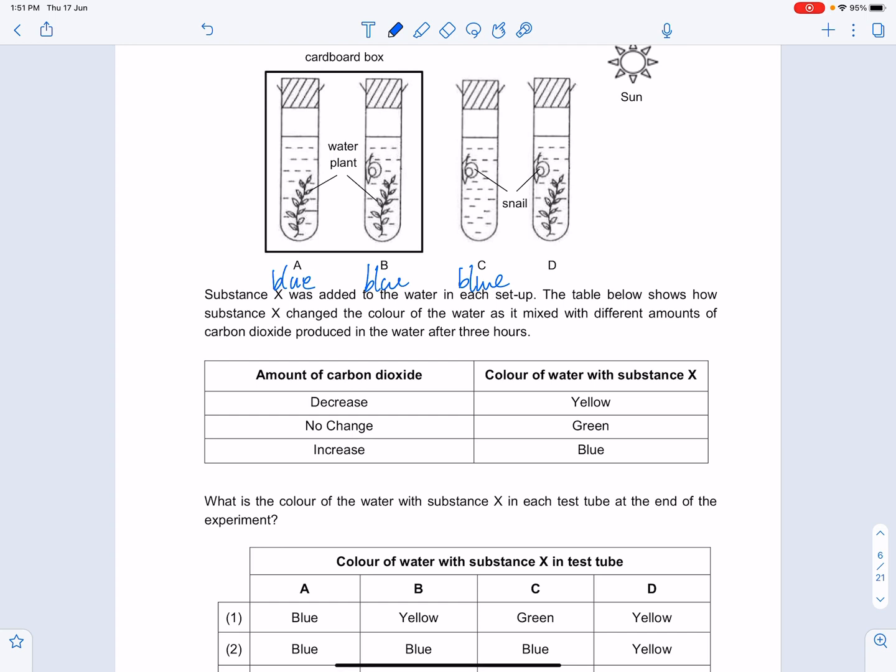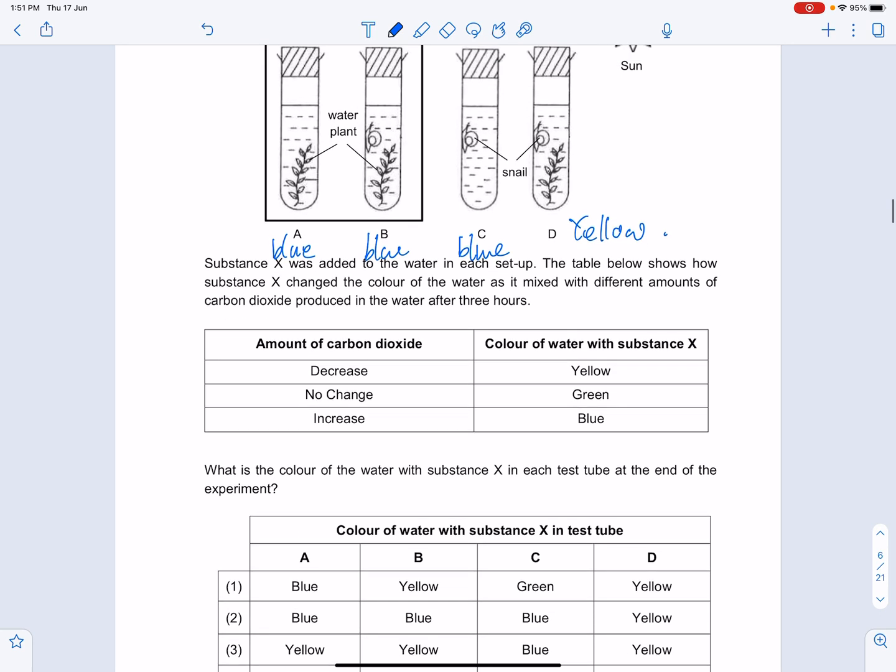Now, for D, here's the interesting part. You have the plant that is able to photosynthesize now because light can reach your plant. It will take in the carbon dioxide that's being produced by your snail. So in this case, I would say that a plausible answer here would be yellow, or it could also be green.